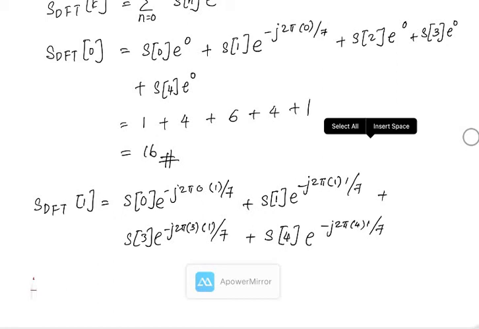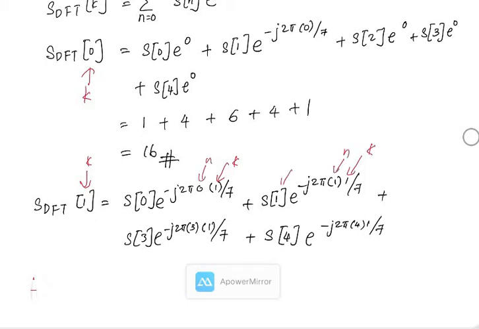So bear in mind that this is the k value, and this one is the n, which is the same as this n.